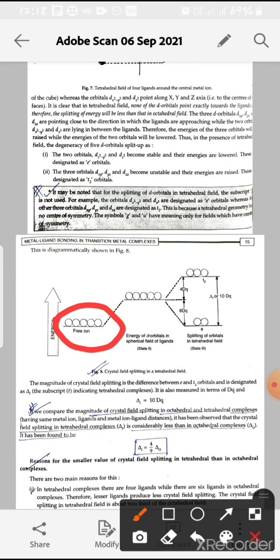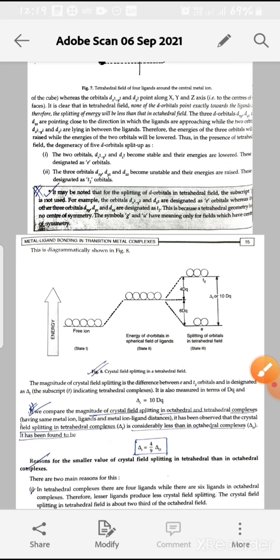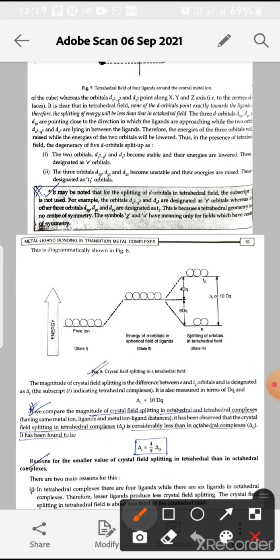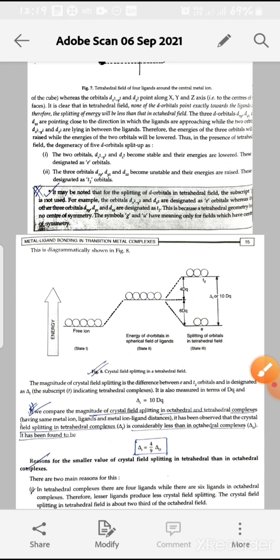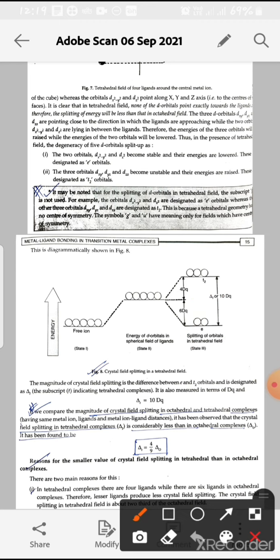As all the ligands approach the central metal ion at equal distance, the energy of all the orbitals increases equally, so they are still degenerate. Next, there will be splitting into the T2 set and E set, and the gap is called delta T, which is equal to 10 Dq.